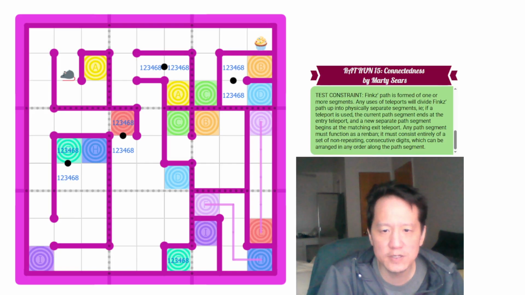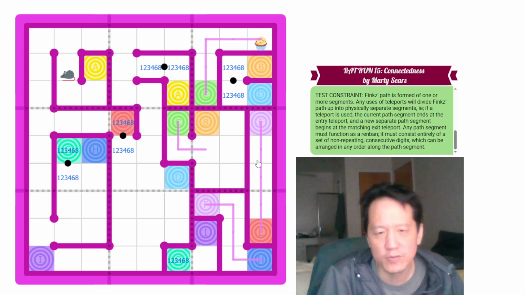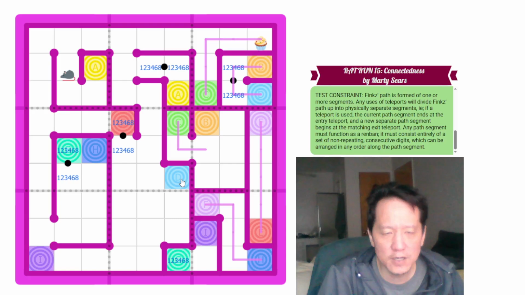So C is the final one. So from C, she has to get to B. So we know she has to go that way, but she could actually do some funky stuff here. We don't know. She has to get to B, so B has to go to D.